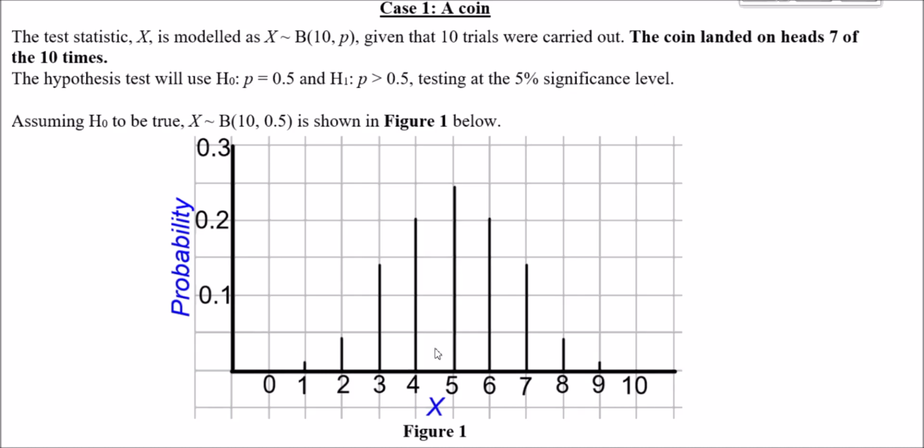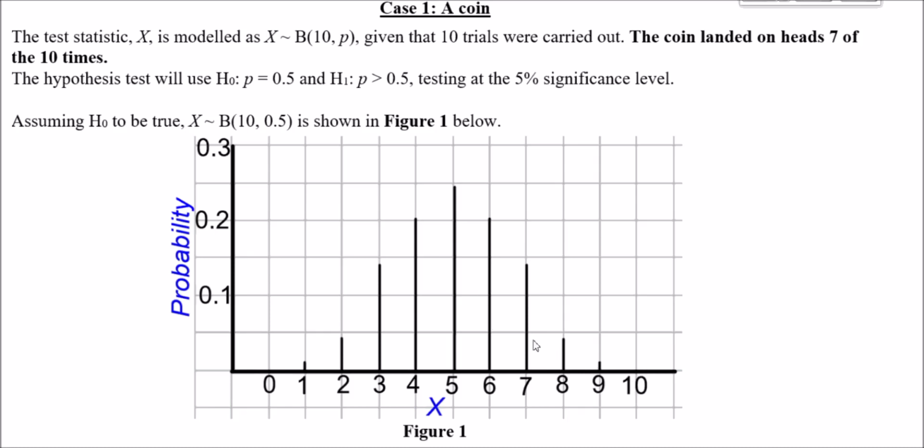So below is a vertical line graph showing the probabilities for each number of heads obtained. If the coin were fair, the chance of getting 0 heads out of 10 is so freakishly small, it doesn't even register as a line. The modal number of heads, or the most expected number, would obviously be 5. So that's a peak there, that's the most likely. 6 is unlikely, 7 is pretty unlikely, 8 very unlikely, 9 and 10 virtually no chance.